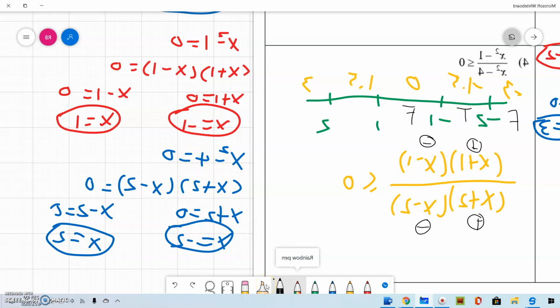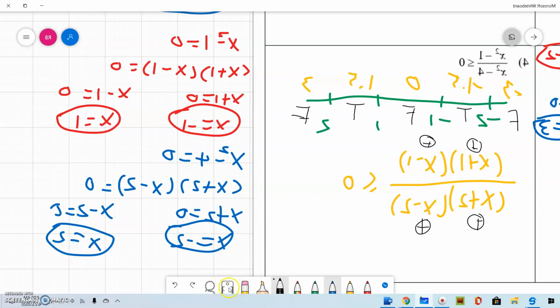If I plug in 1.5, it becomes positive, positive, positive, but this one is still negative, so this is true. If I plug in 3, positive, positive, positive, and positive, so overall everything becomes positive, and that will make it false.